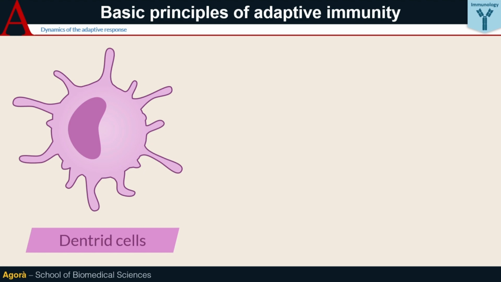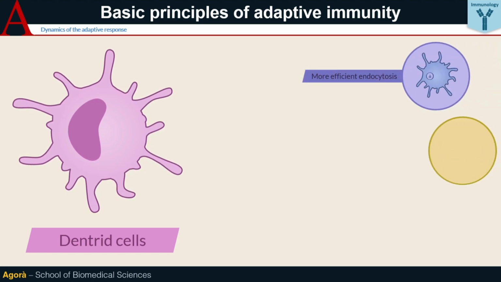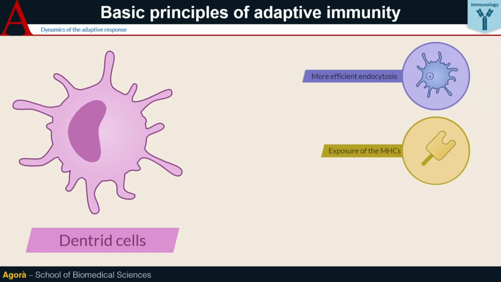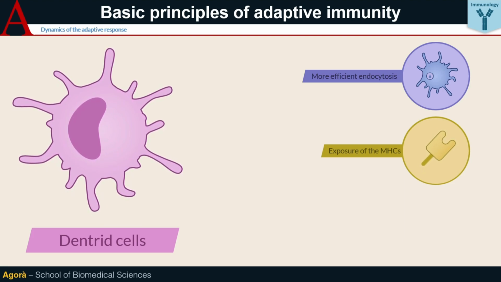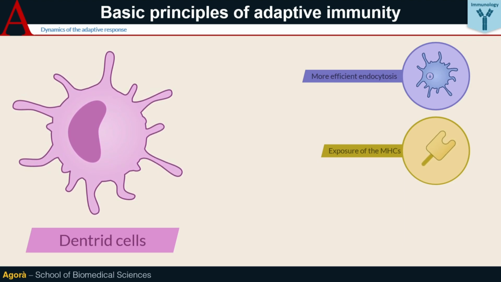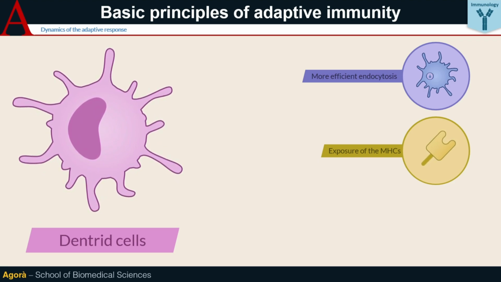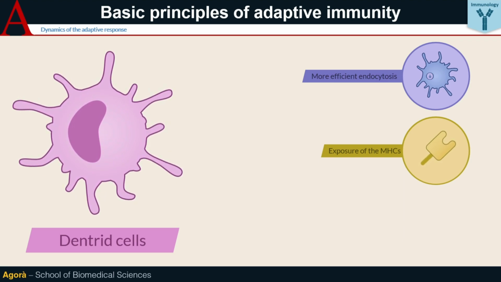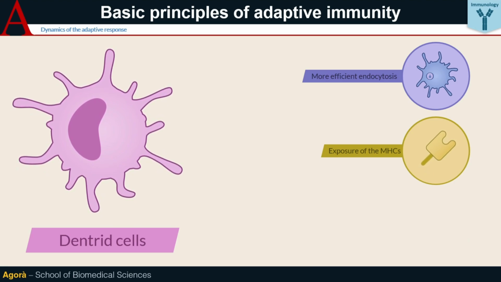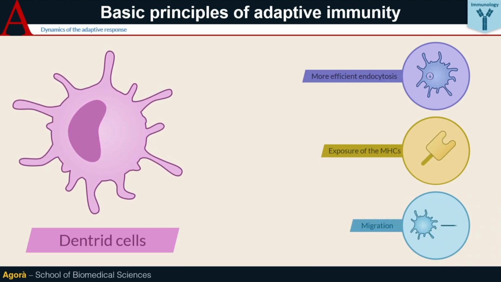This leads to a series of changes in their behavior as they begin to phagocytize the given pathogen more efficiently, to stimulate macropinocytosis, for example the uptake of extracellular fluid potentially containing parts of the pathogen, and to express MHC containing peptides of the pathogen together with the co-stimulatory molecules which are essential for activating lymphocytes. In addition, following the chemokine gradient, they begin to migrate towards secondary lymphoid organs where they will encounter naive lymphocytes.